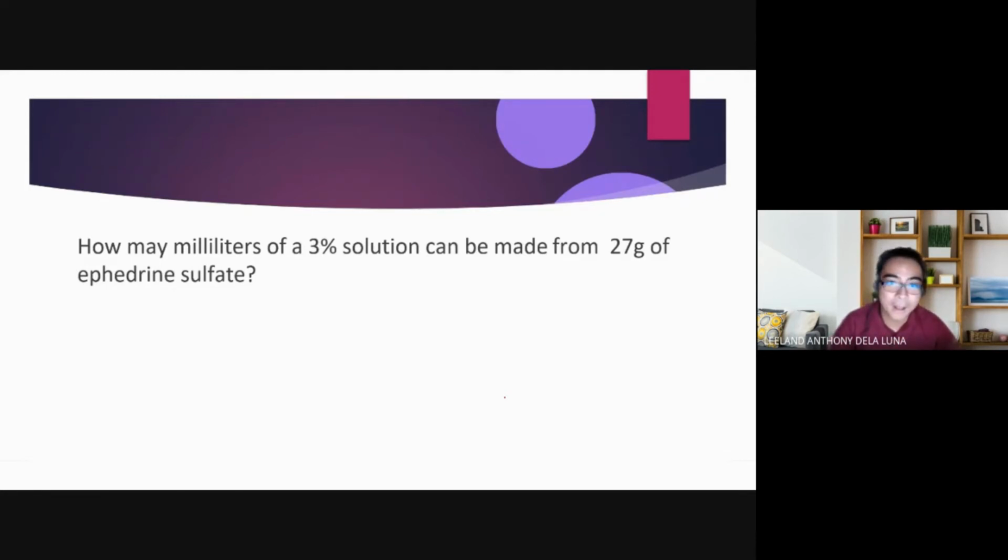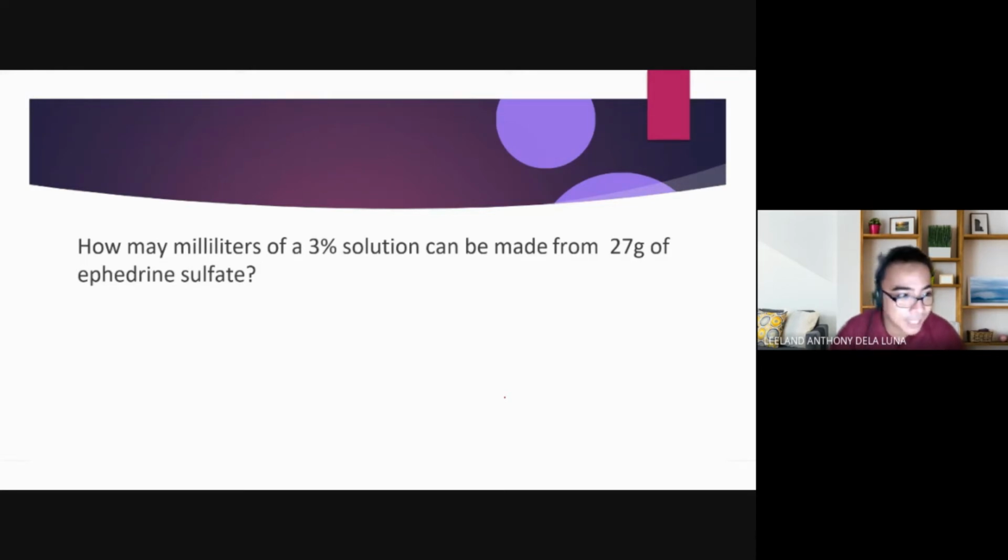Right, so halimbawa, gusto kong gumawa ng 3% solution which contains 27 grams of ephedrine sulfate, ilan ang total volume niya dapat to make a 3% solution?